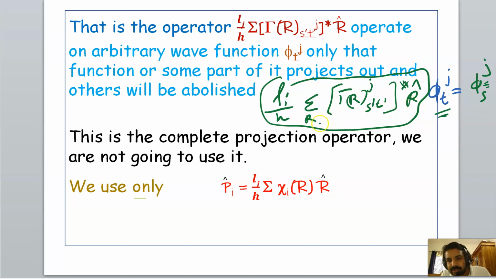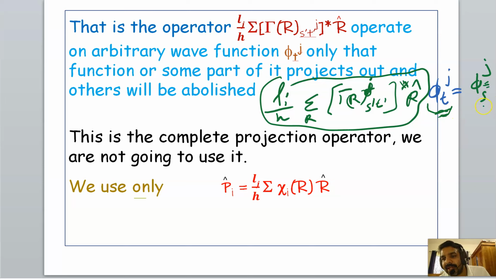That is, this operator has a symmetry of j. It is a jth representation.